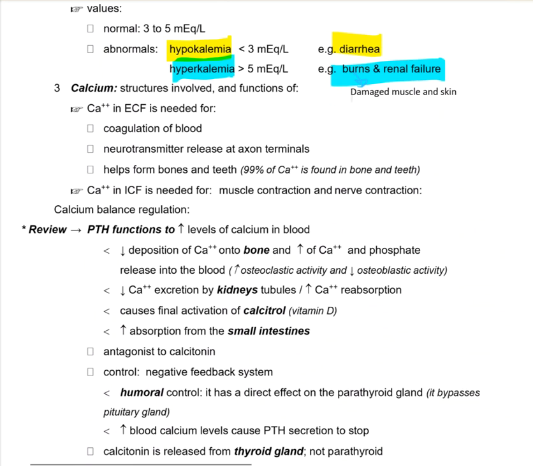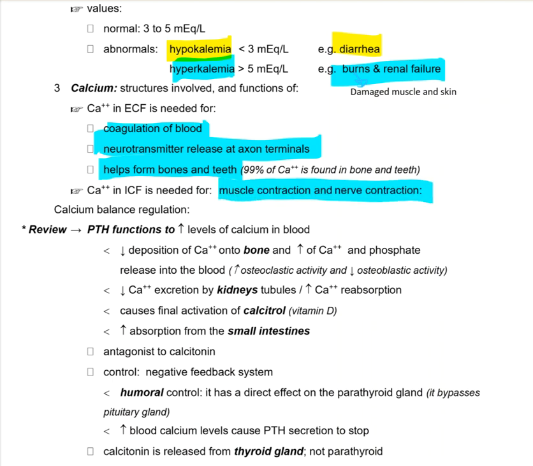Now, calcium. Let's first talk about this first part. So it's used in a bunch of different places. We kind of forget that calcium is not just in our bones, right? We use it for blood coagulation. It's used as neurotransmitter releaser for axon terminals. It obviously helps form bones and teeth, and most of calcium's there. But in the intracellular fluid, it's also used for muscle contraction and nerve contraction.